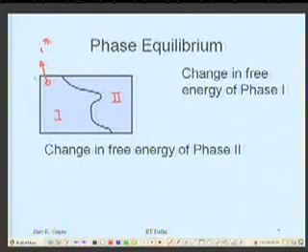So I have changed the free energy of phase 1. Let us say this amount of one atom corresponds to the amount equal to delta xi, because i is the component.